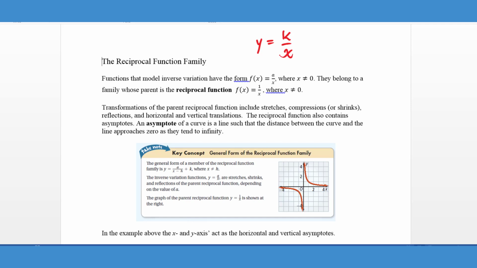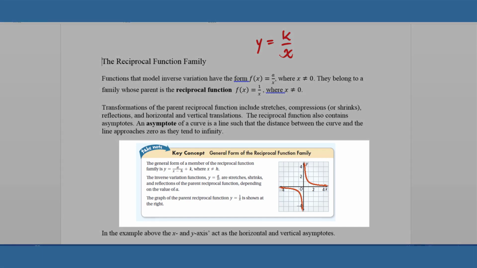You can look down here in the key concept box and get a general idea of what that graph would look like. If you notice, as the red curve gets closer and closer to the x-axis, it tends to get closer and closer but never cross or intersect. That is called an asymptote, and we reviewed asymptotes in the first semester.